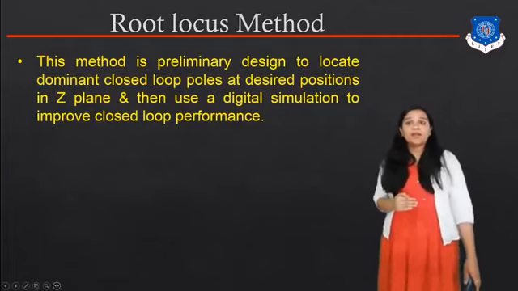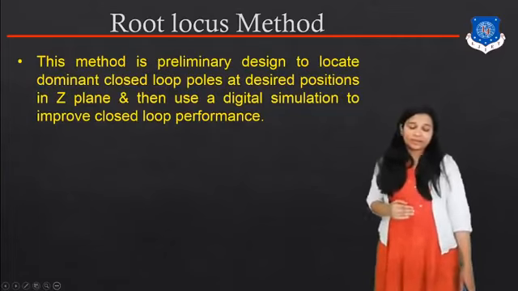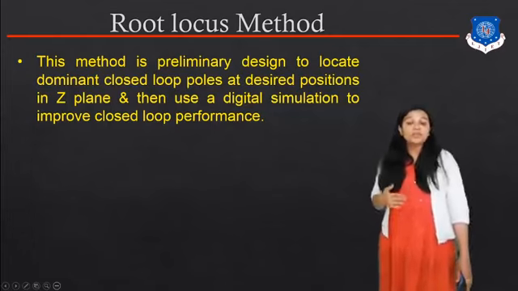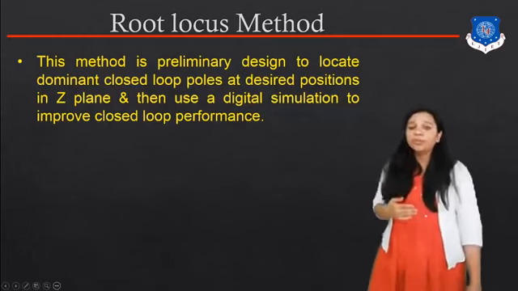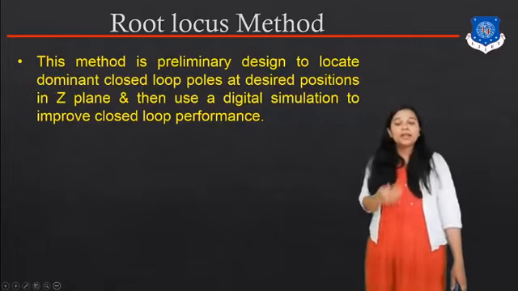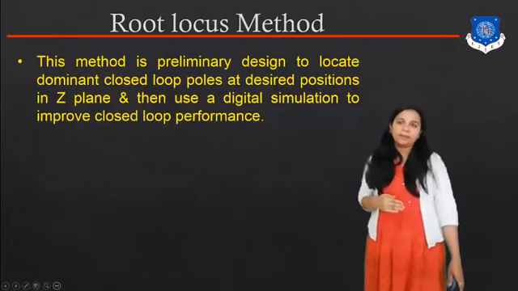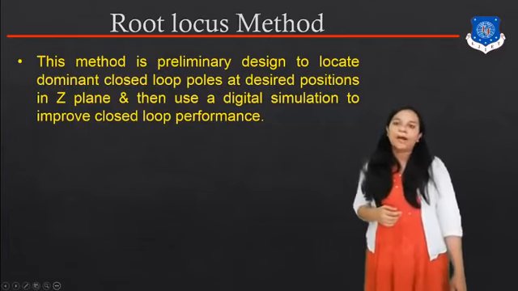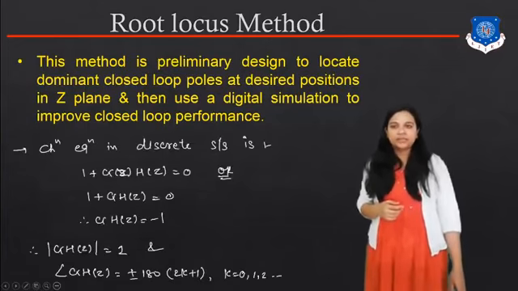And what is the advantage of the Root Locus method? Using this method, we identify the location of the poles and zeros for a particular transfer function, and then we decide whether the system is stable, unstable, or marginally or critically stable.